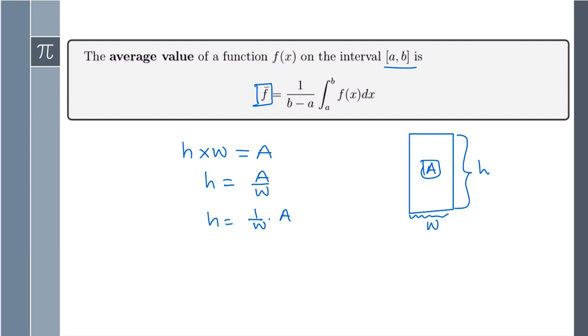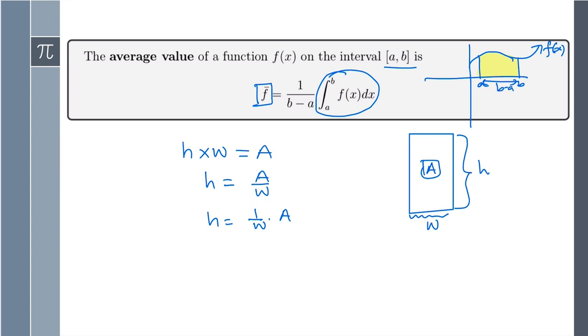We know that the integral from a to b of f of x dx gives us the area under the curve from a to b. For example, let's say this is our graph of f of x, and we are integrating from a to b. That integral gives us this area here. Now b minus a is this width.